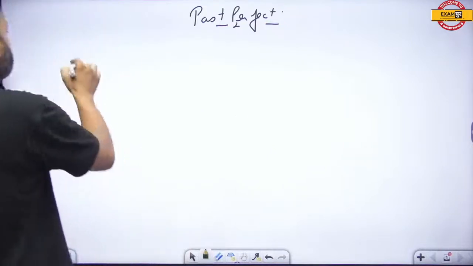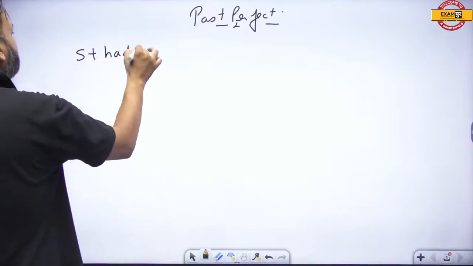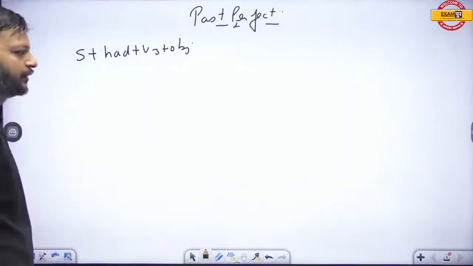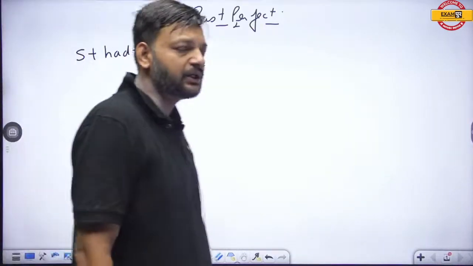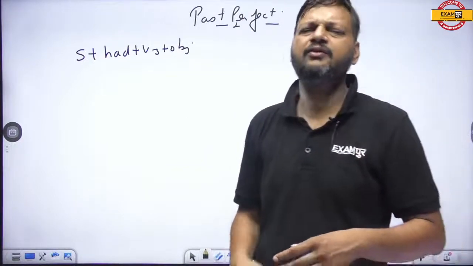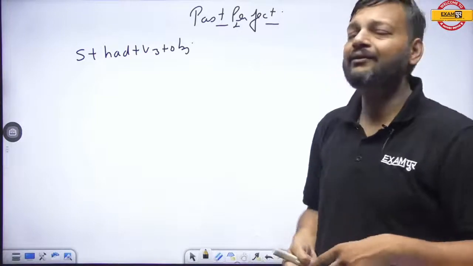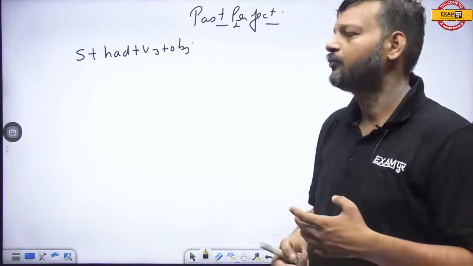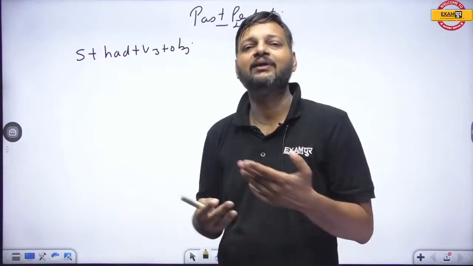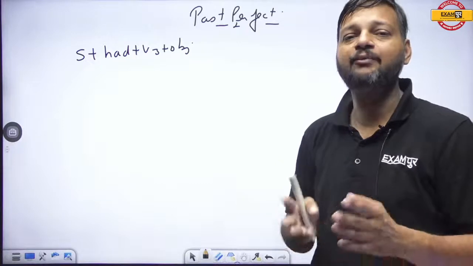The structure of past perfect is subject, had, third form of verb and object. I think I do not need to tell you the interrogative and negative structure, because this is a very easy thing that you can do yourself. If you want the negative, just add not after the helping verb, that is had, and if you want to make it interrogative, just bring had before the subject.